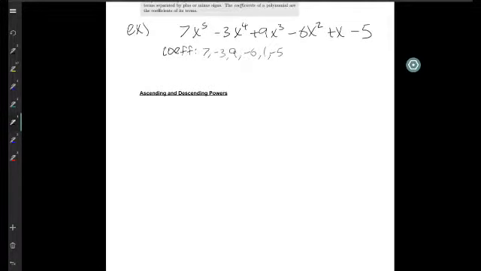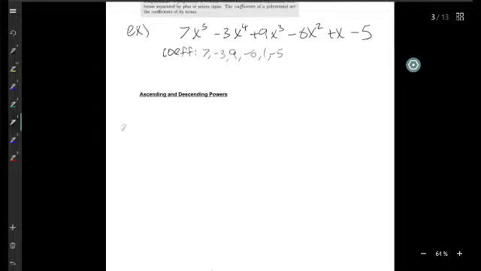Ascending and descending powers. We want to combine any like terms our polynomial might have and arrange them in a descending order so that the powers are getting smaller as you move from left to right.